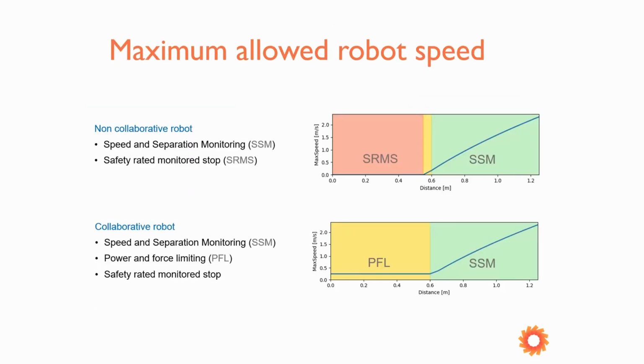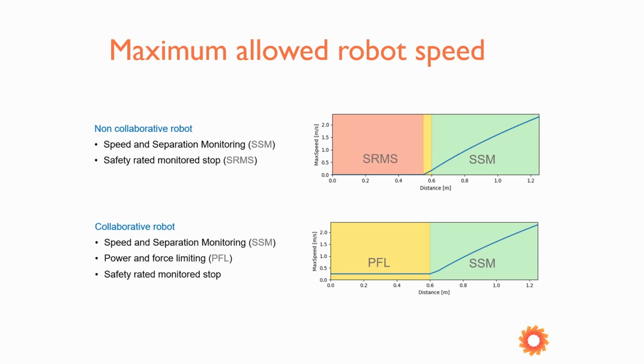So this is the behavior that we have implemented. In the diagrams on the right, we have on the x-axis the distance between human and robot, and on the y-axis the maximum speed allowed for the robot. As we can see, the higher the distance, the higher the maximum allowed speed.